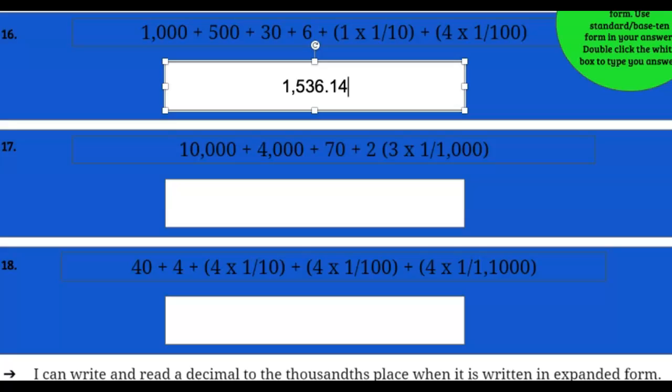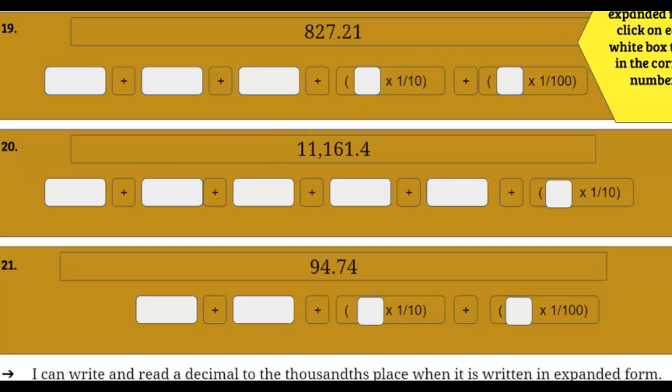Okay, final examples. Well, nope, I take that back. Next example. Okay, it says to answer in expanded form, click on each white box to fill in the correct number. So now they've given you the standard form, and you have to put it in expanded notation. So I told you in my last video that you have to get used to seeing your expanded notation in decimals and fractions.